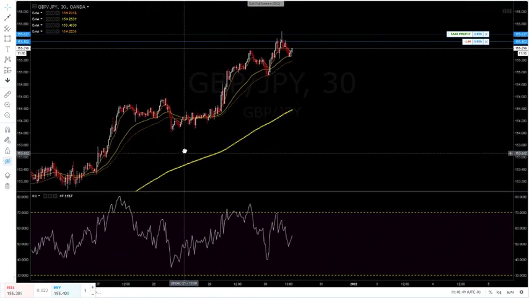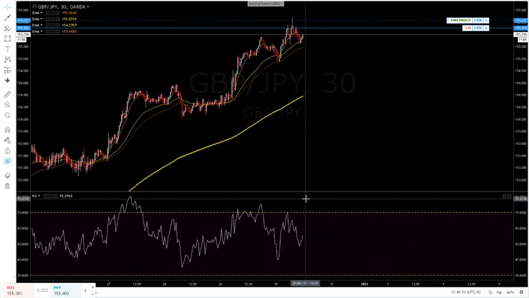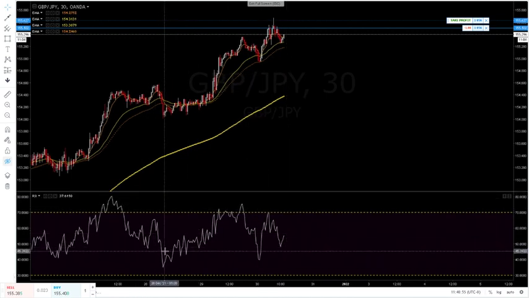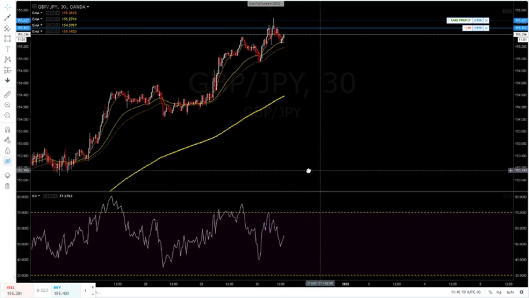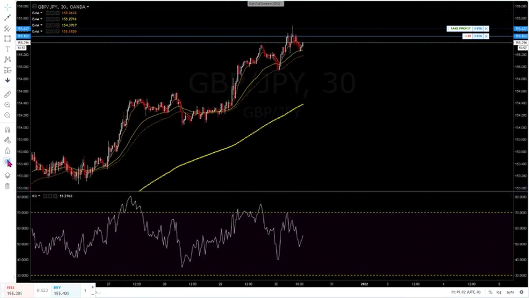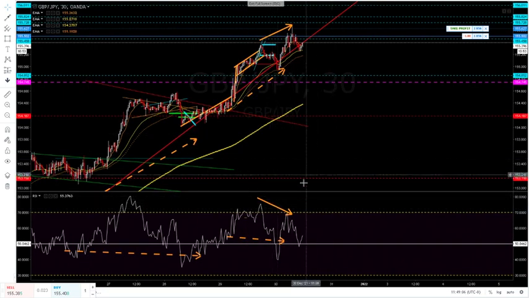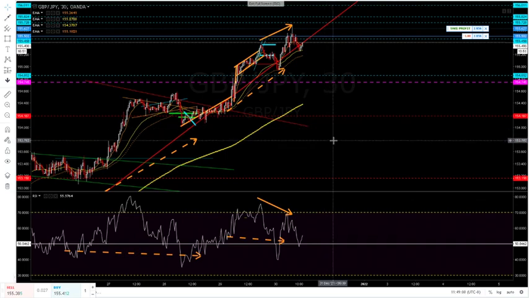All right, so yeah, everything is matching up except right here. You guys can see at the top, it looks like it's probably going to be a drop.